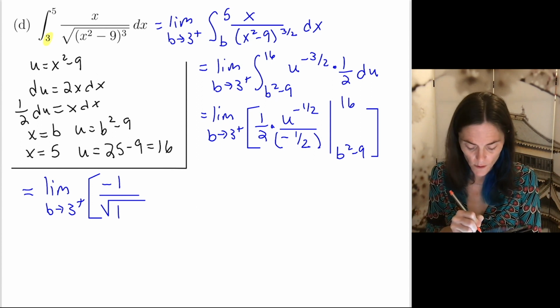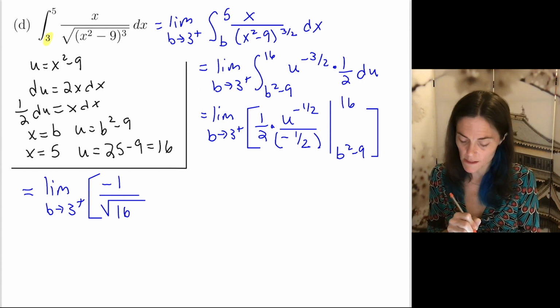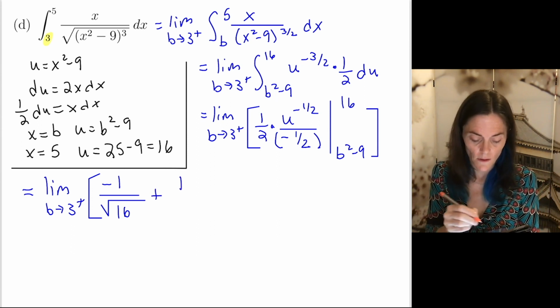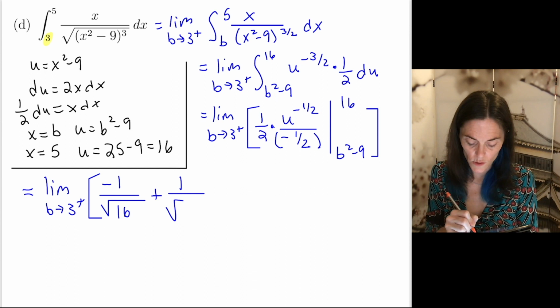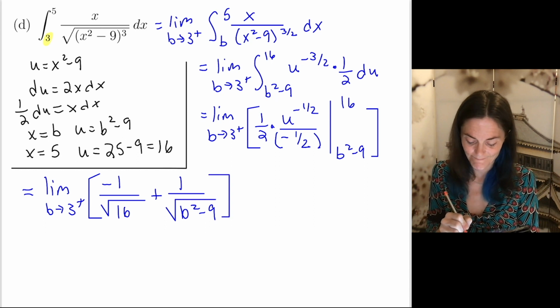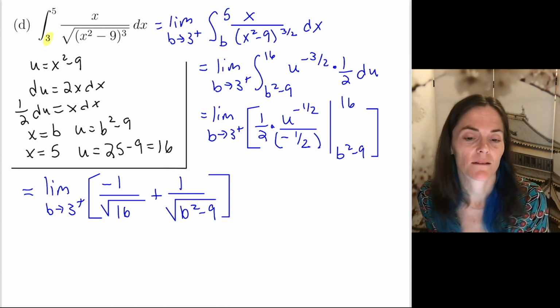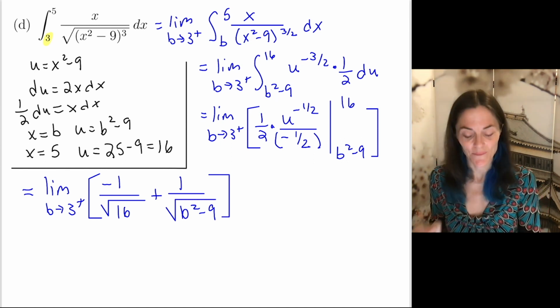At my upper limit of integration, it's here. And then subtract minus a minus, this will be a plus. And I have here square root of b squared minus 9. And b is approaching 3 from the right.